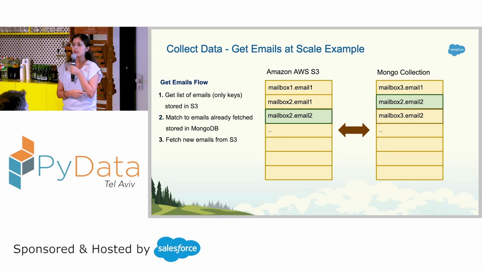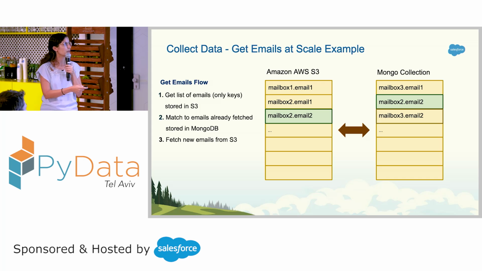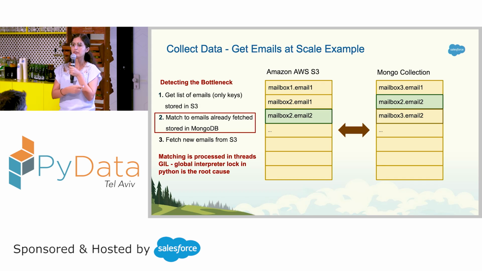So we noticed in our Datadog dashboard that this flow took longer than we would expect. And investigating this issue, we found that the bottleneck was actually the matching phase, matching the emails from Amazon S3 to our Mongo collection.